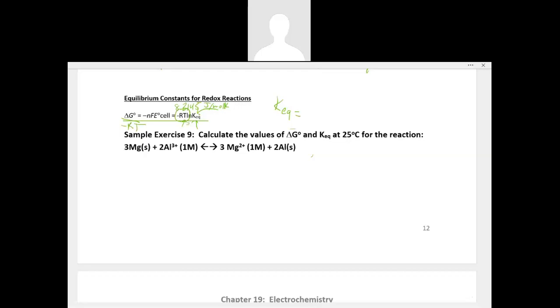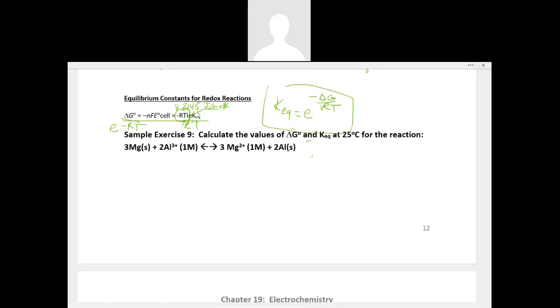To reverse that natural log and get K eq by itself, I would take e to both sides. So my rearranged equation for K eq would be e to the negative delta G over RT. We may utilize this later on in this problem.